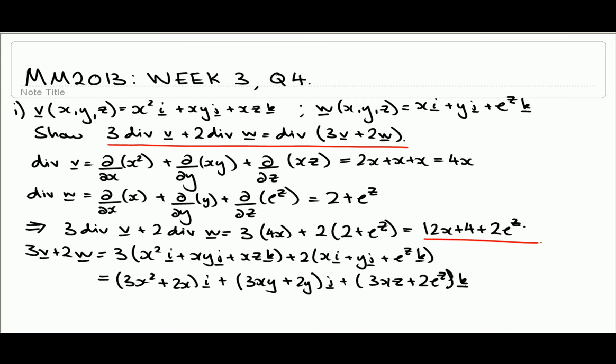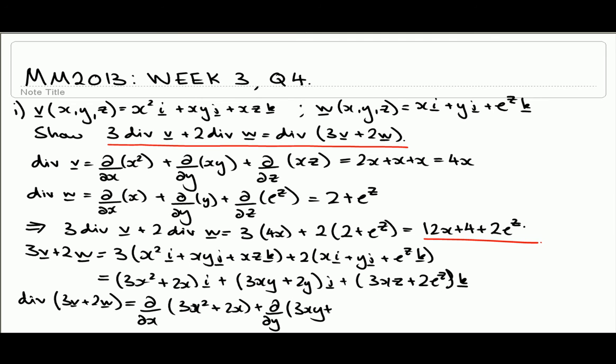k. So hence the divergence of 3v plus 2w is equal to d by dx of 3x squared plus 2x, plus d by dy of 3xy plus 2y, plus d by dz of 3xz plus 2e to the z.